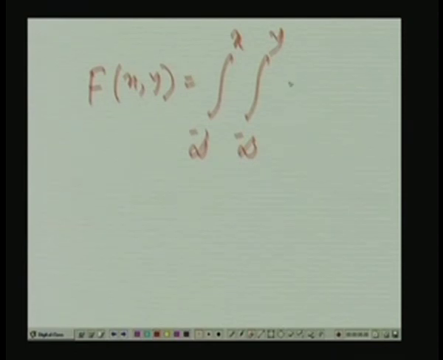It is not very difficult to show that. After all, we have seen that, we have just a while back seen, we put some.